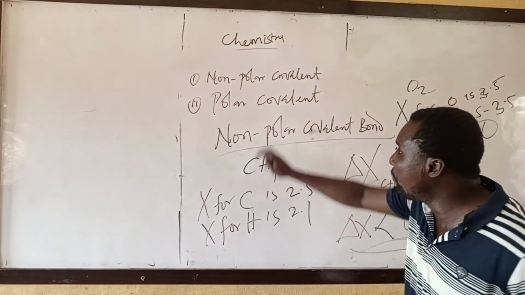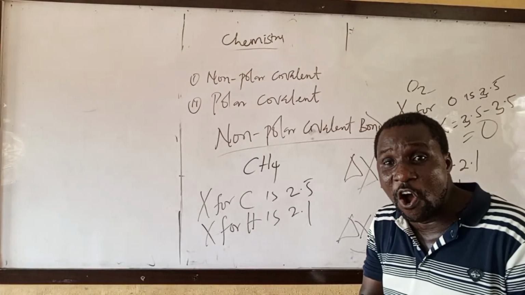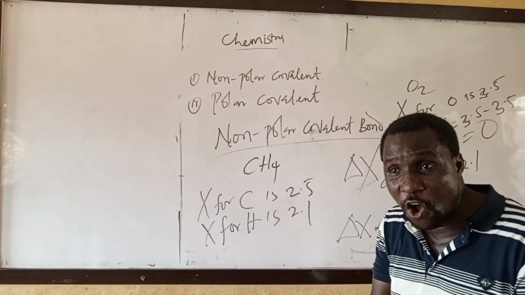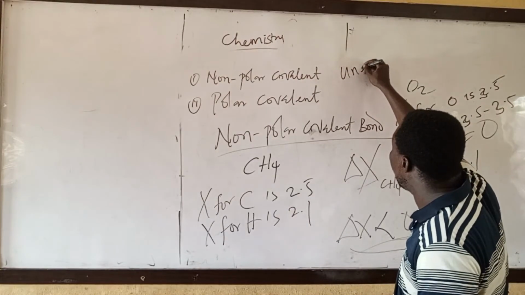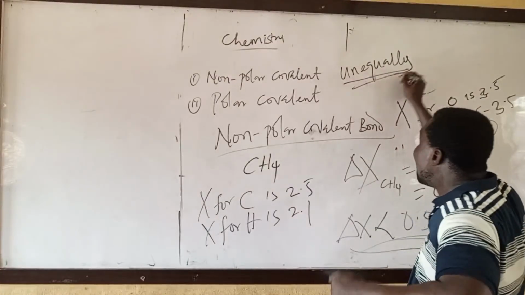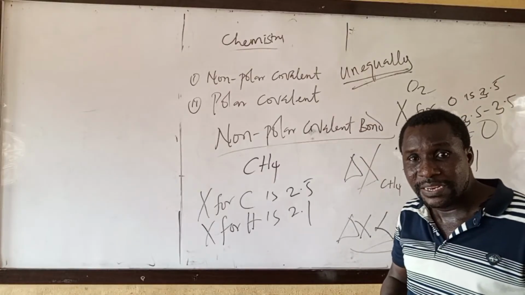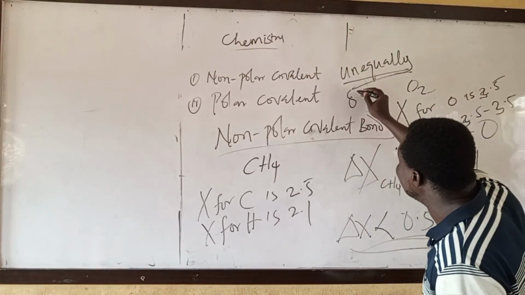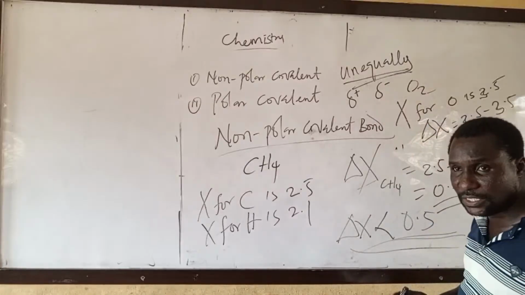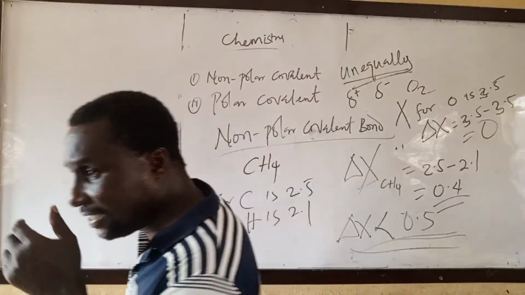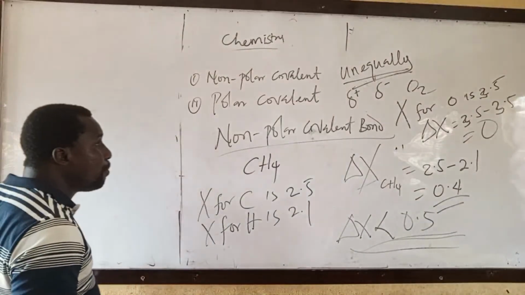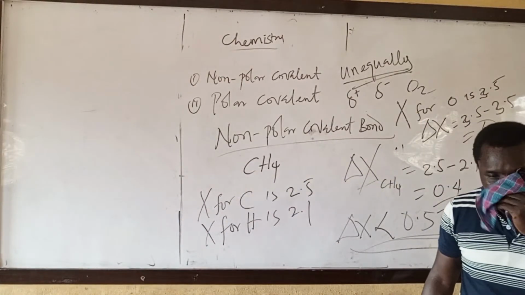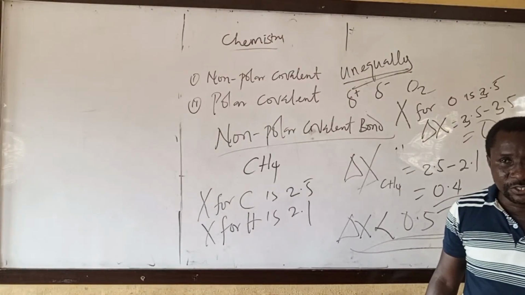But for polar, the electrons are shared unequally, therefore creating partial charges.